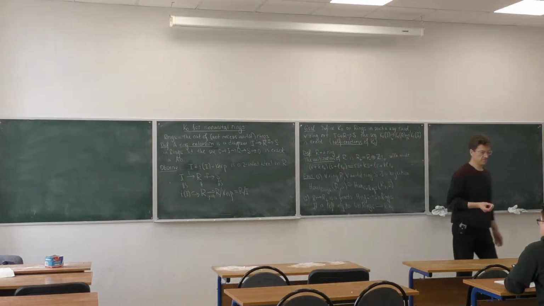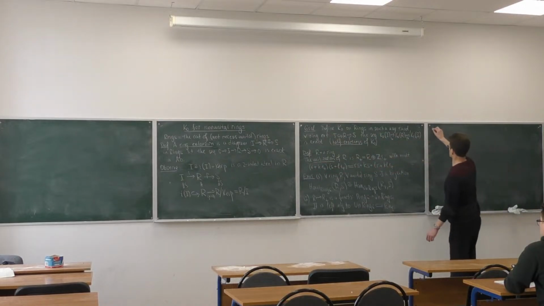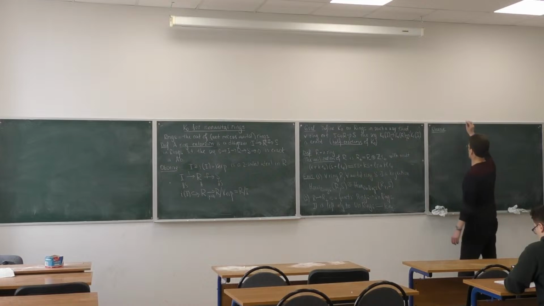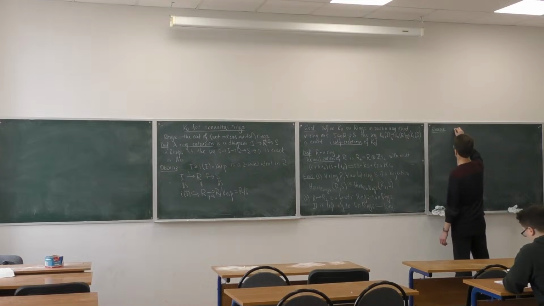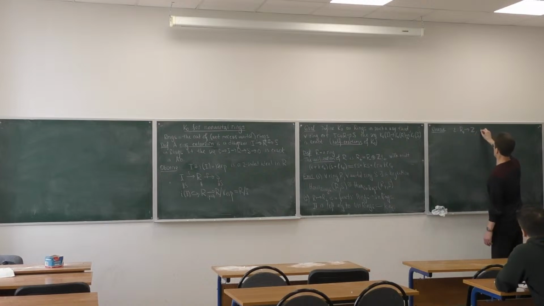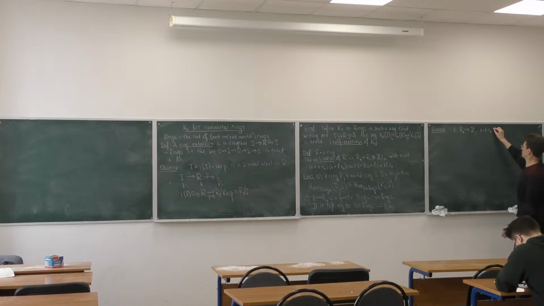And let's now observe that we can construct the following ring extension. Let's define the map epsilon from R plus to the integers, which takes every element of the following form in the unitization to k.